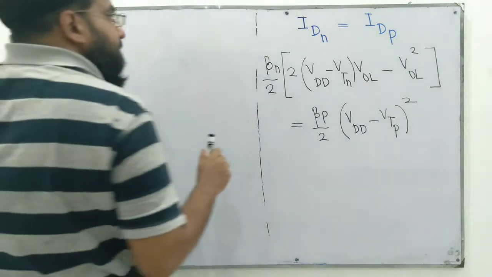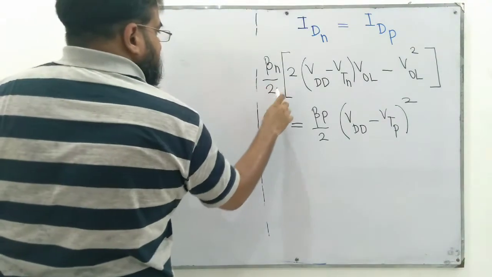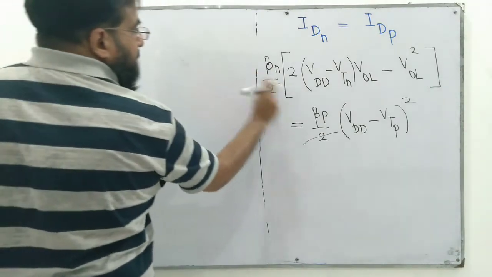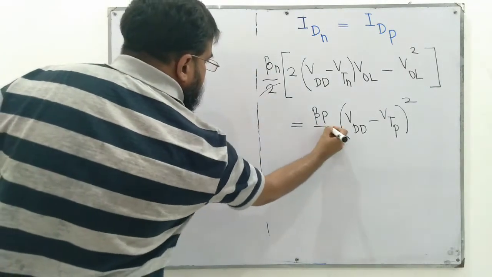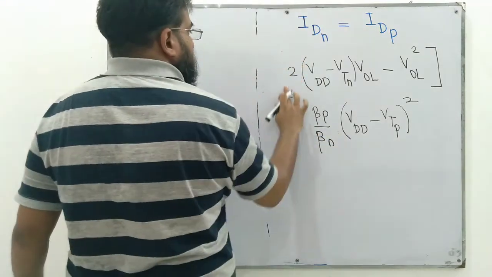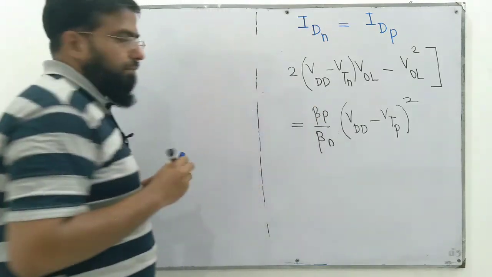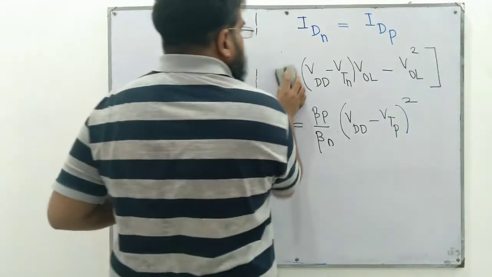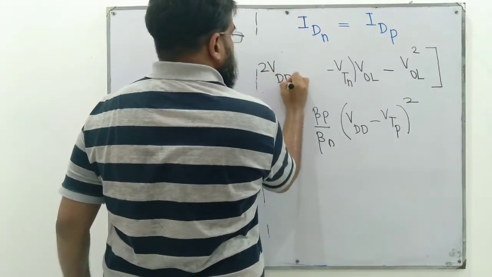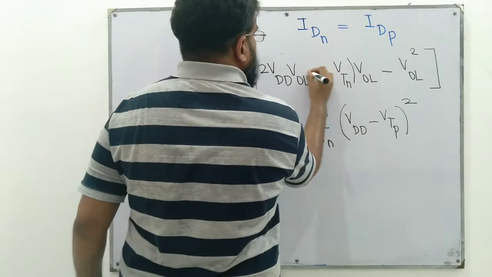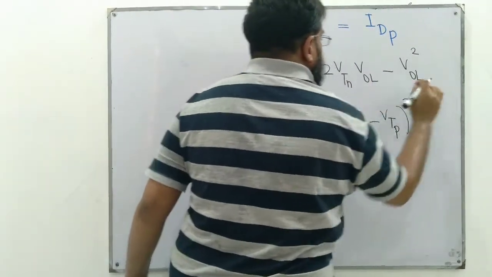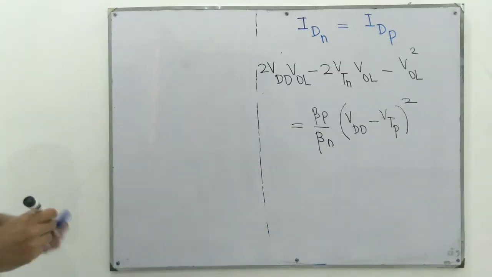Right, so let's first cancel this 2 with this 2, and then divide by beta N over here. It becomes beta P over beta N, and this becomes 2 VDD VOL minus 2 VTN VOL minus VOL squared.